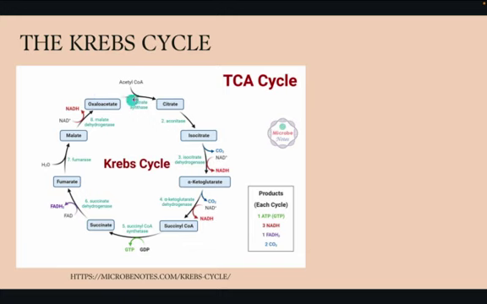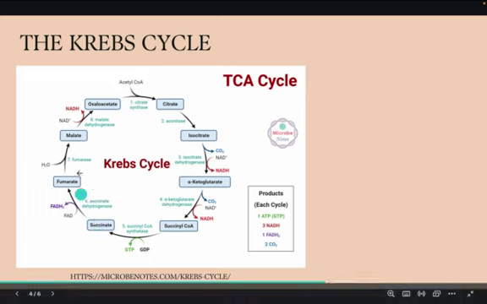The oxaloacetate is part of the Krebs cycle and is part of the breakdown of the free fatty acids that are a part of the Krebs cycle. So that's an important piece, and where that saying comes from, because this is the flame where the fat burns in the flame of the carbohydrates.